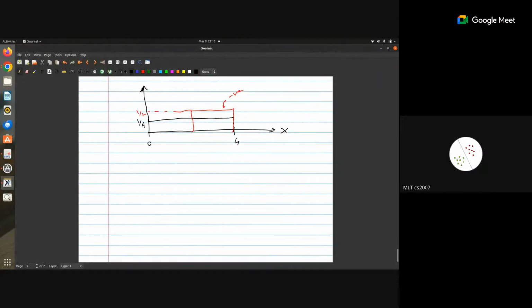So the Bayes classifier prediction will be like this: probability of x given y equal to 1 times p hat is greater than or equal to probability of x given y equal to minus 1 times 1 minus p hat. If p hat is 0.5, then 1 minus p hat will also be 0.5.